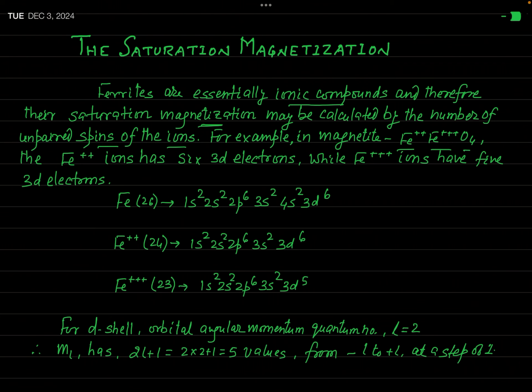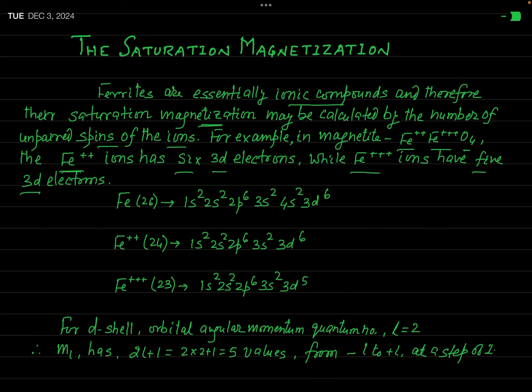It means that in magnetite there are Fe²⁺ ions and Fe³⁺ ions. In the Fe²⁺ ion there will be 6 3d electrons, and in the Fe³⁺ ion there will be 5 3d electrons. Let us now explain it. How can you say that the Fe²⁺ ion has 6 3d electrons?